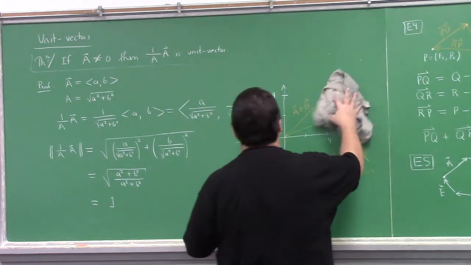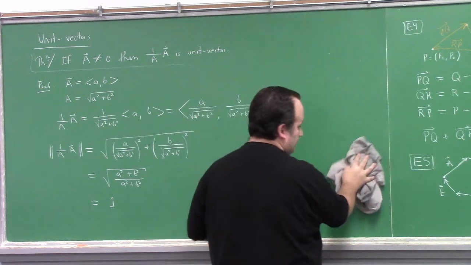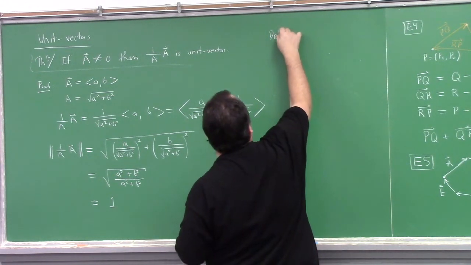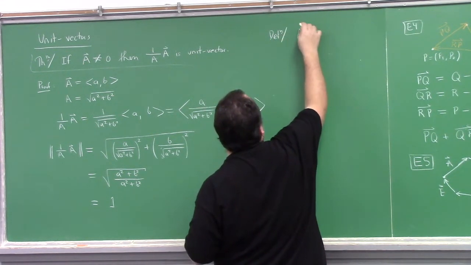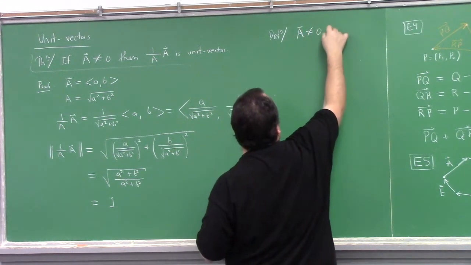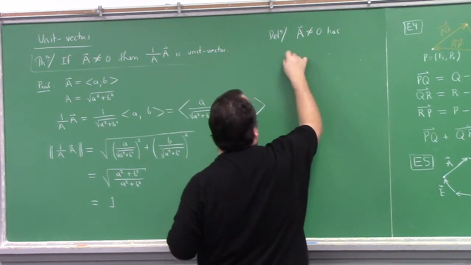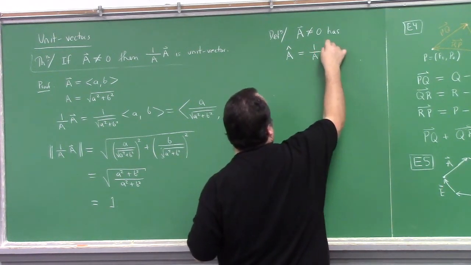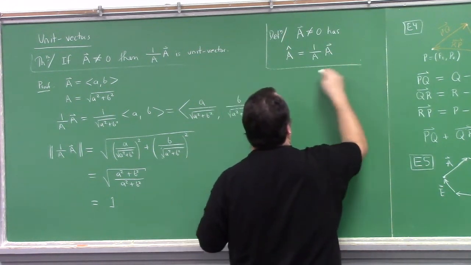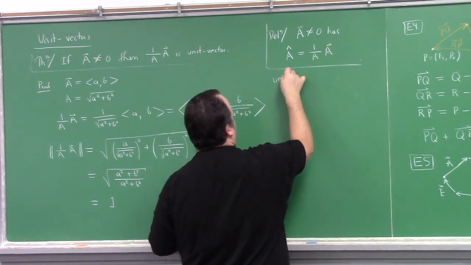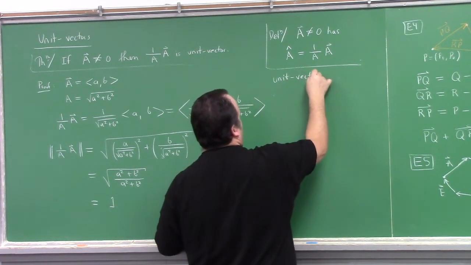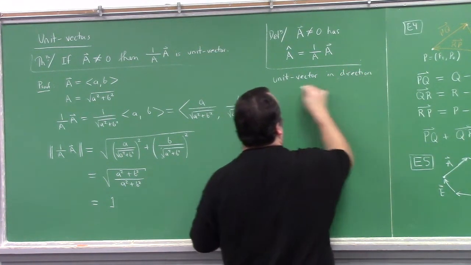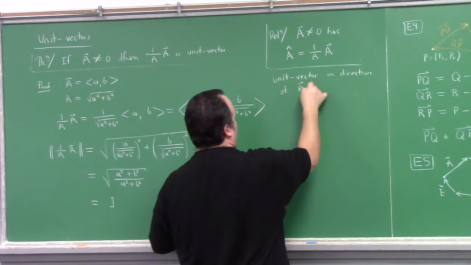Now, we have a notation for this, all right? Definition: for A not equal to 0, A hat equals 1 over the length of A times A. So this is the unit vector in the direction of A, right?